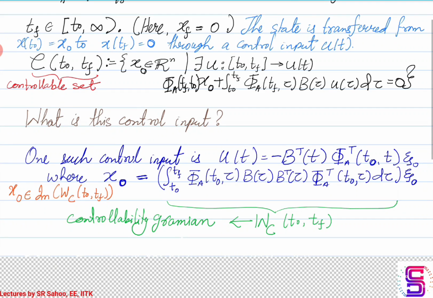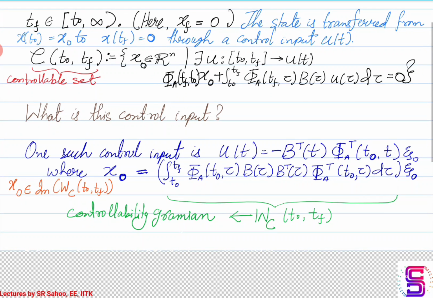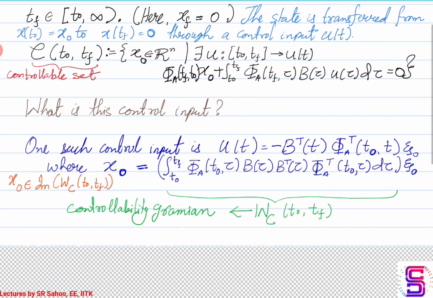Now if you substitute everything here, we get x0 to be equal to this right hand side expression. You have the product of matrices integrated over t0 to tf, and this entire thing is multiplied by the xi0 vector from Rn. Everything inside this bracket is known as the controllability gramian, denoted by Wc, and the entries t0 till tf in the bracket indicate that the controllability gramian has been evaluated in the time interval t0 till tf.